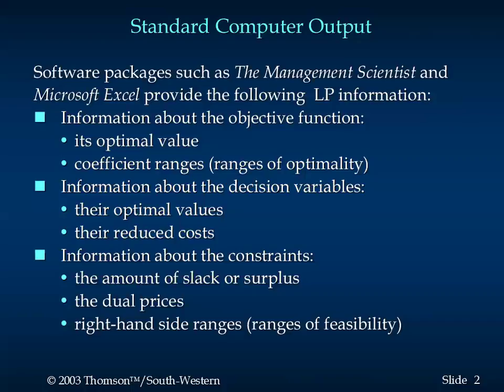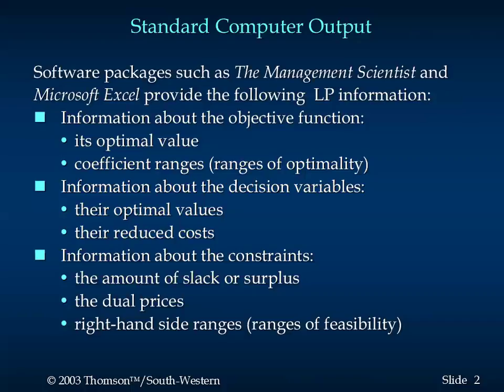And finally, information about the constraints. Are the constraints binding? What is the amount of slack or surplus available? And if the constraints are binding, what are their dual prices, or what are called shadow prices? As we'll see, that is linked with what is called the unit worth of our resources. So which resources are contributing to what extent at the margin.